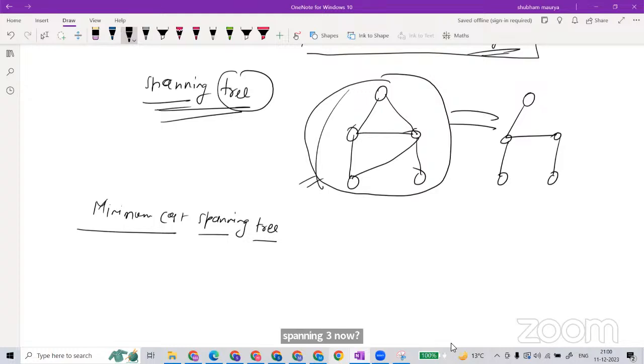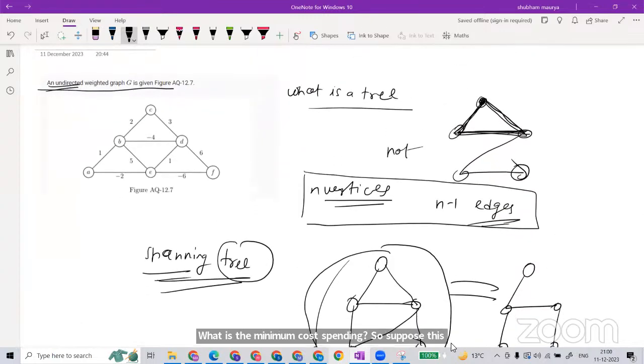So suppose we have this graph. Now we'll go back to our weighted graph. There is no need to say whether it is a negative or positive weight. We don't have any negative weight, but it is allowed for both Prim's and Kruskal algorithm.